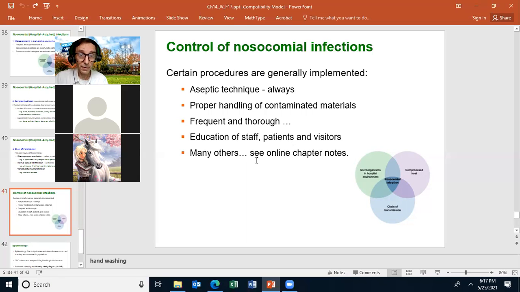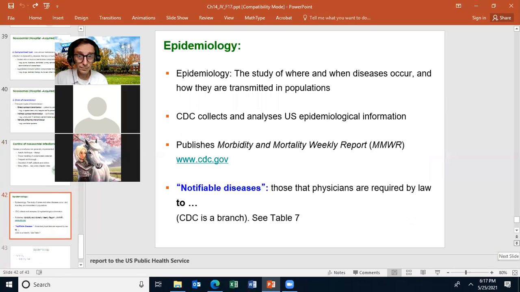There are many other procedures you can use to reduce the spread of nosocomial infections, and I'm going to suggest you take a look at the online chapter notes as they discuss some of these procedures. Any question about nosocomial infections?